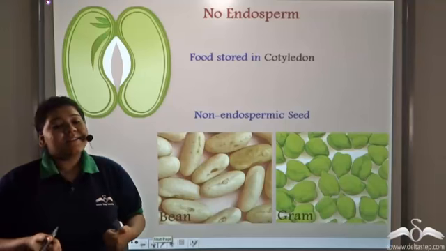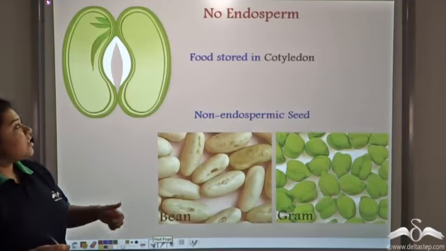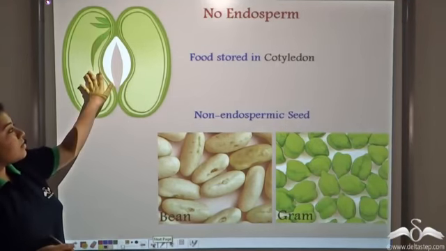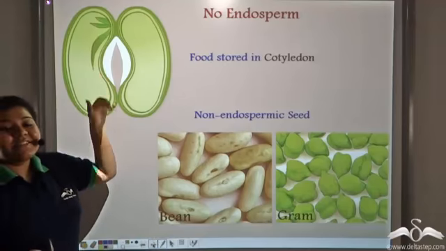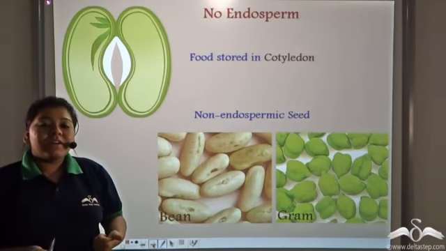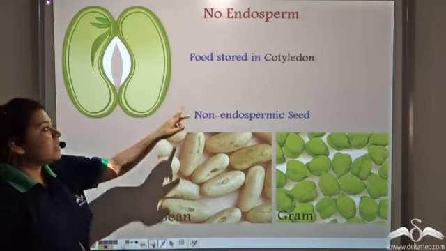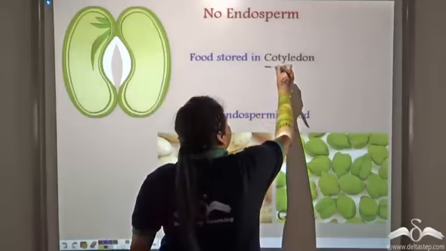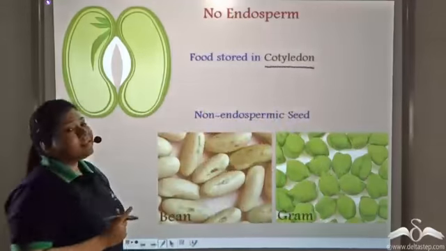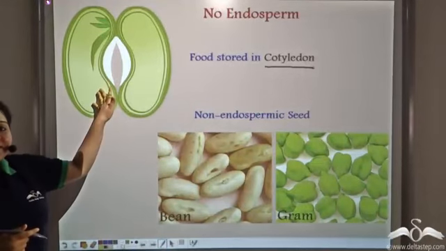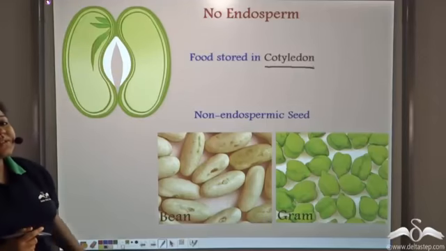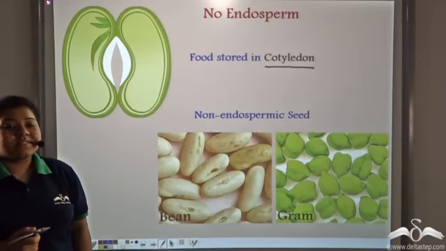Now, there are some seeds in which there is no endosperm. In seeds where there is no endosperm, food is stored in the cotyledon. This is a bean seed. See, there is no endosperm present here.